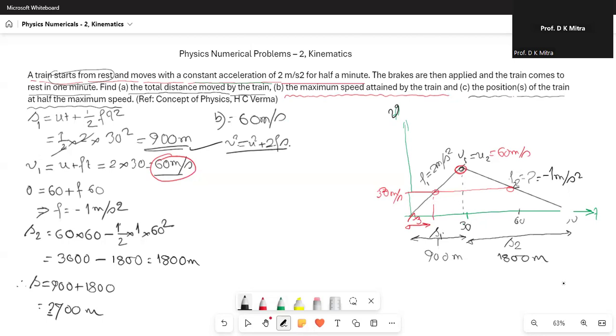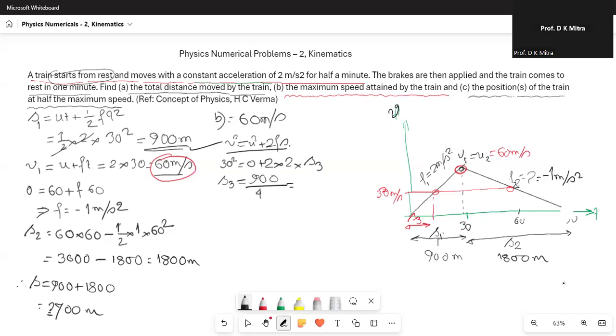So here we have 30 squared equal to 0 plus 2 into acceleration 2 meters per second squared, into S, which we have considered S3. Therefore, S3 is equal to 30 squared, which is 900, divided by 2 times 2, which is 4.